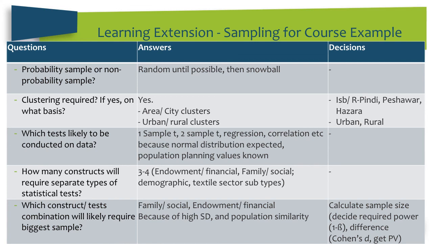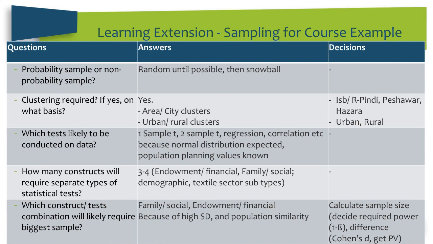But I roughly know that I have to collect data about the endowment and financial side of that particular woman and her family. I have to collect data about her family and social aptitudes toward interest and mixing with men. And I have to collect demographic data and textile subsector data as well. So there'll be 3 to 4 constructs or different areas where I'll be using different statistical tests.